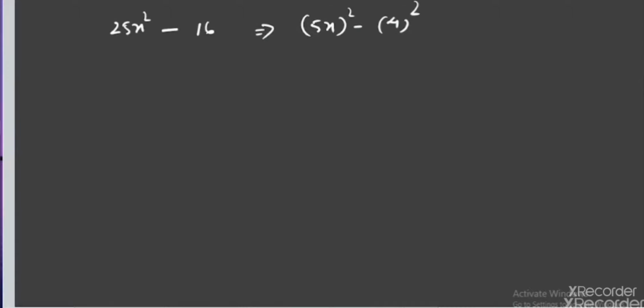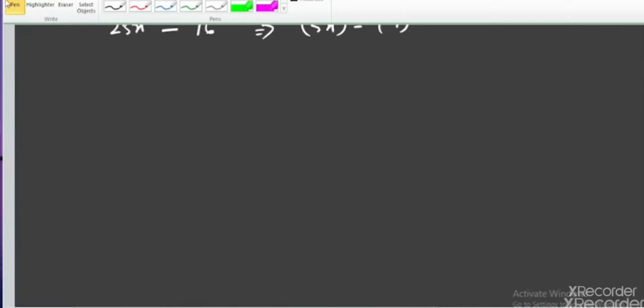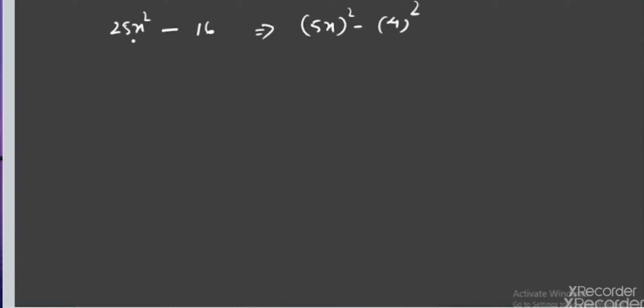Here we have taken an example: 25x square minus 16, where we can write 25x square as (5x) whole squared minus (4) whole squared. You can see that these two terms are square terms.